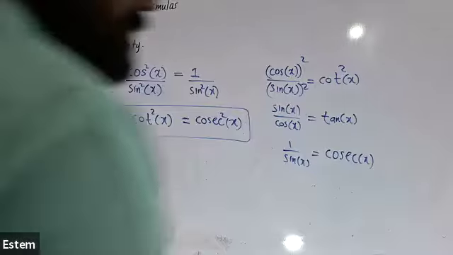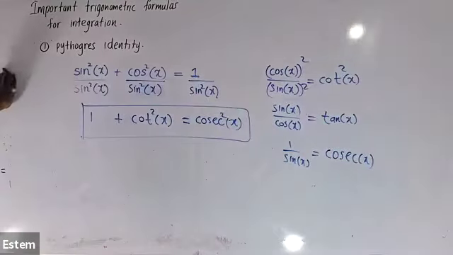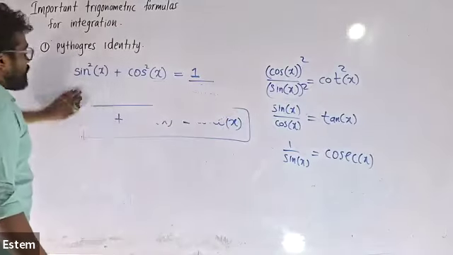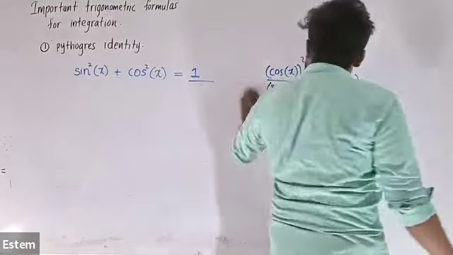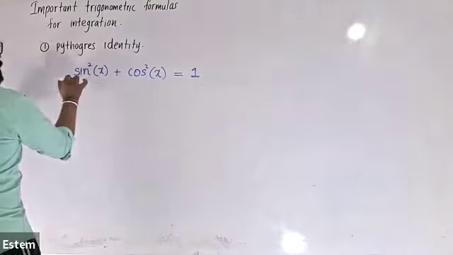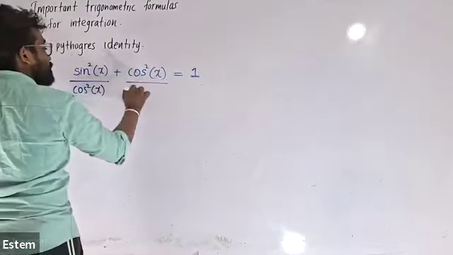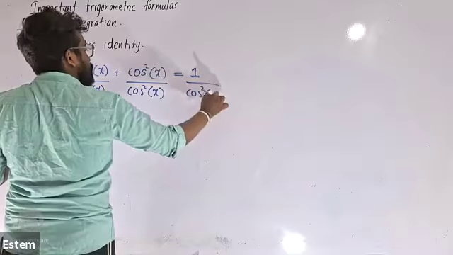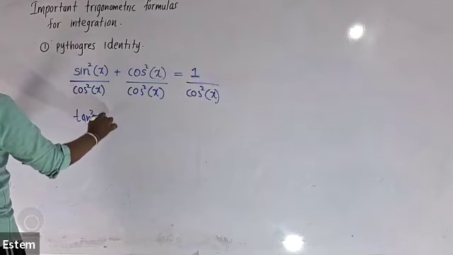Now I divide this by cos squared x to get the next formula. This is cos squared x over cos squared x, and 1 over cos squared x. Now sin over cos is tan, so this is tan squared x.